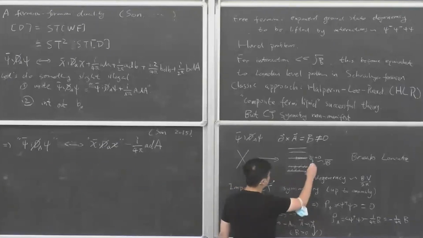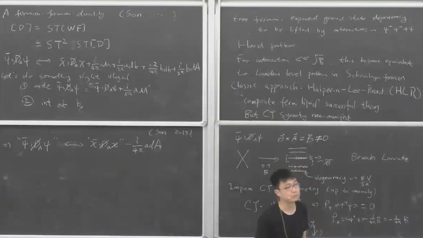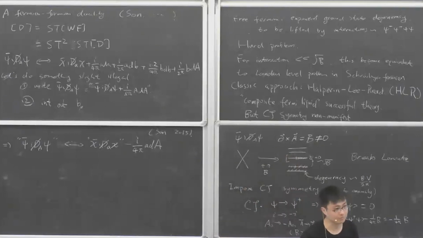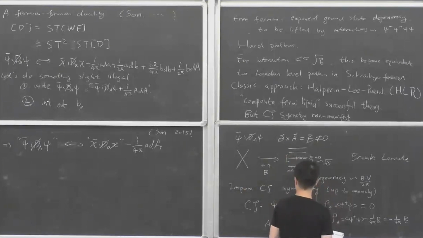So the problem I'm considering is this half-filled Landau level with some quadratic fermion interaction. More specifically, what I will end up showing you is how do you even make up a mean field approximation to this kind of problem, right?